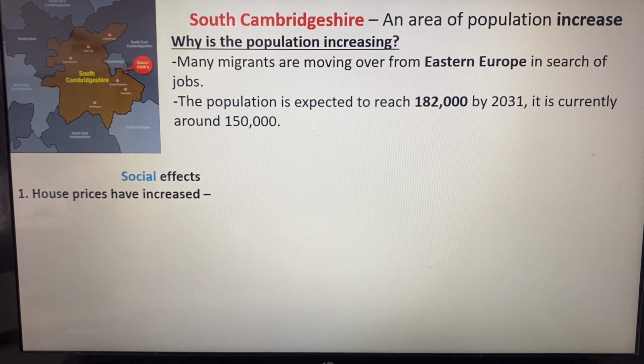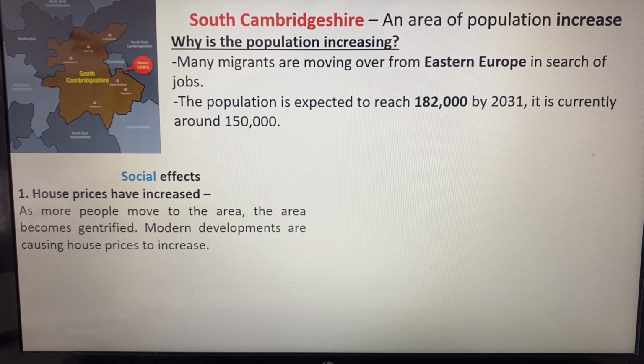So think about it. If loads of people are moving to an area, that means house prices will increase. Some people in the local area won't be too happy with that. We're seeing that these areas are becoming more modern with lots of new buildings and apartments, so that increases prices as the area is getting better and more people are moving there. That's one point you'd make, and you can develop that.